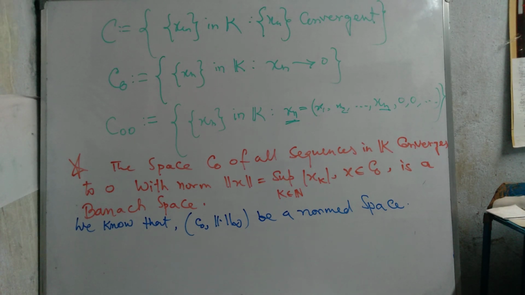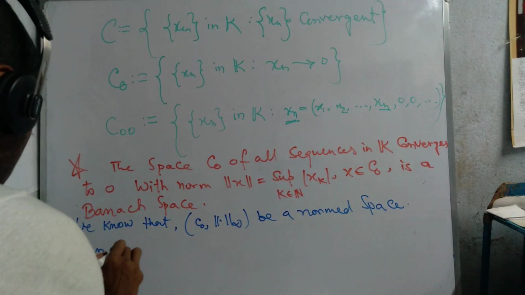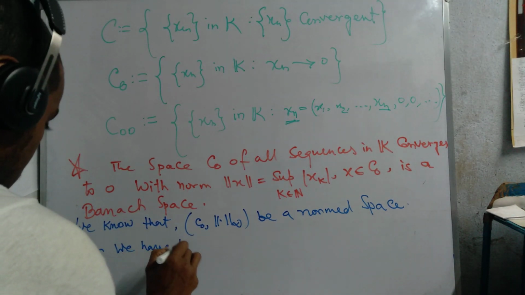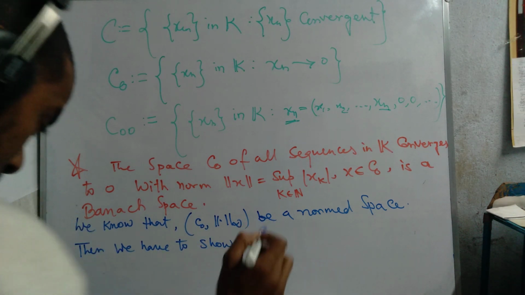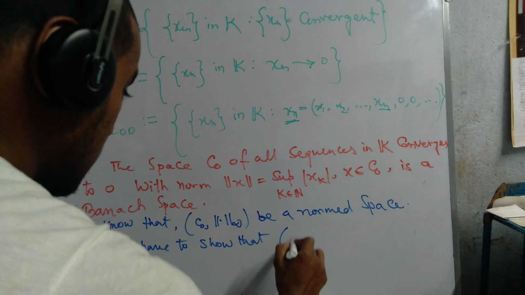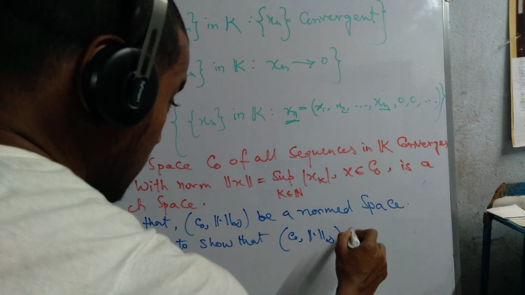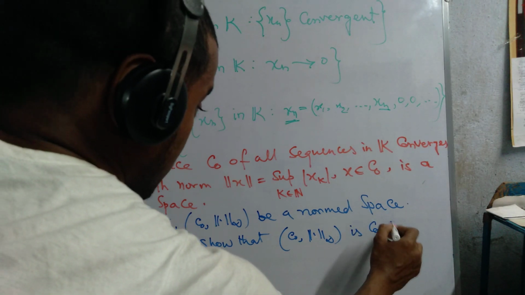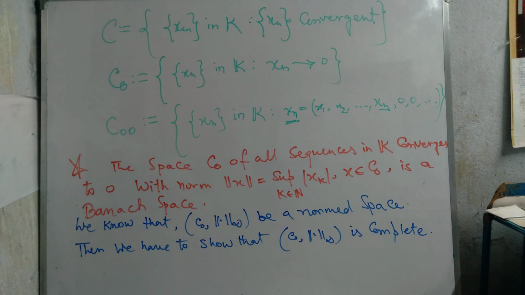Then we have to show that C0 with norm infinity is complete. Now we start from that.